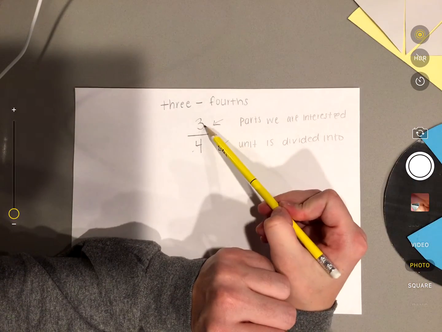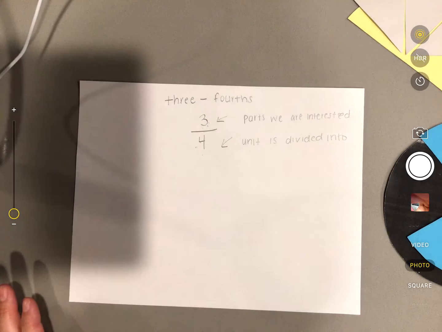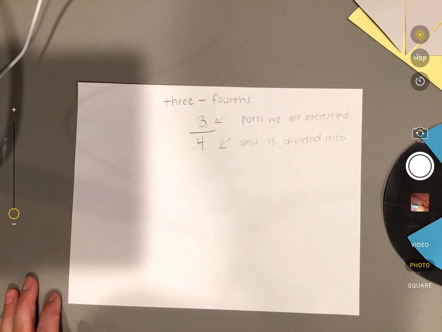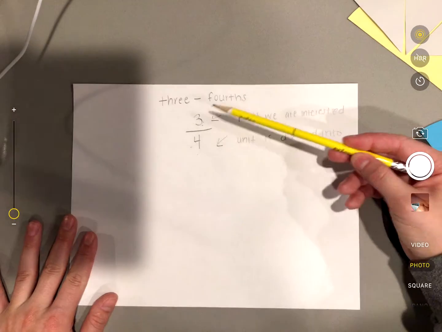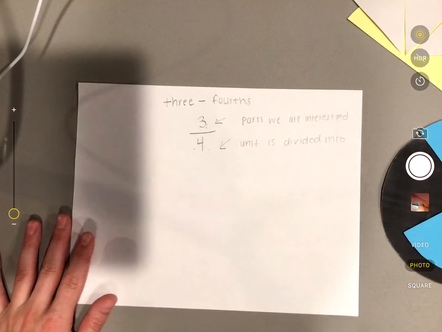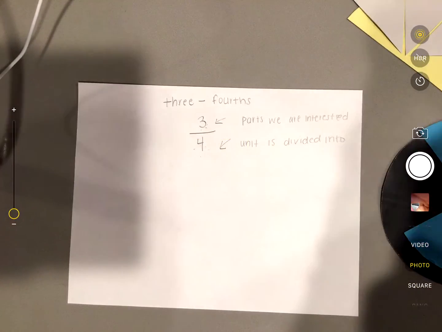So this is how many parts we are interested in, and this is how many parts our unit is divided into. So the 3 tells us what we are interested in is 3 of these 4 equal parts. The fraction means 1/4 and 1/4 and 1/4.